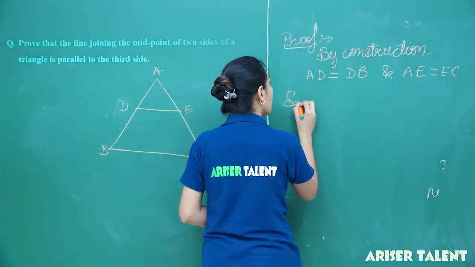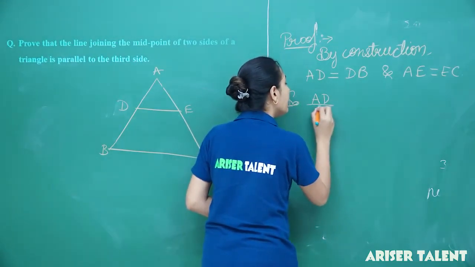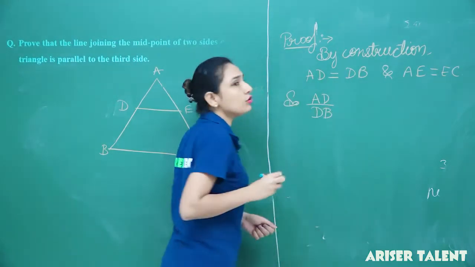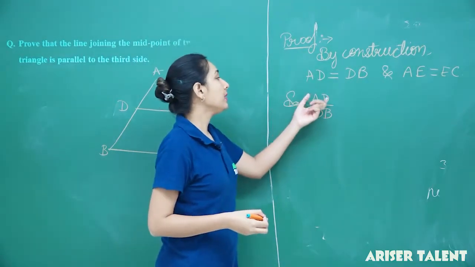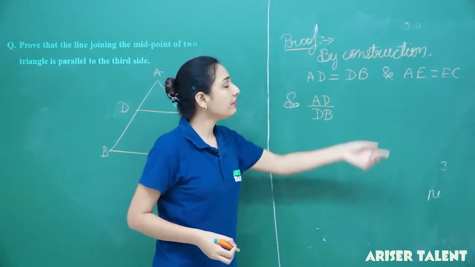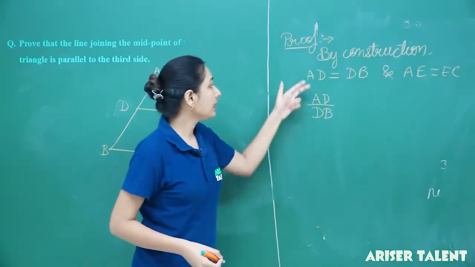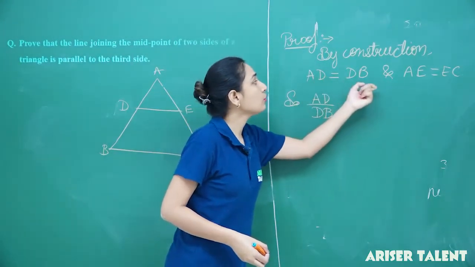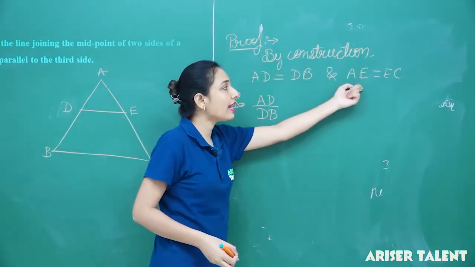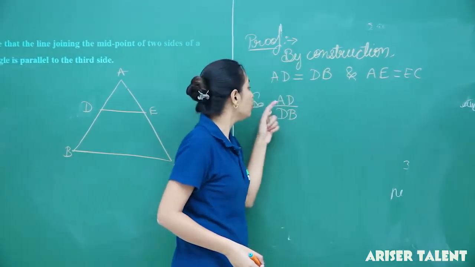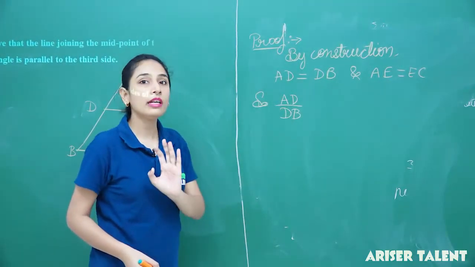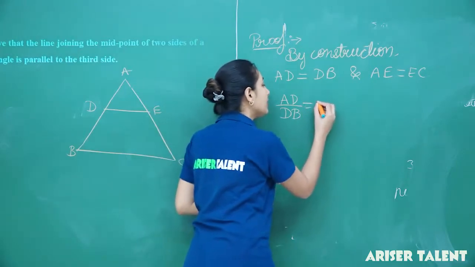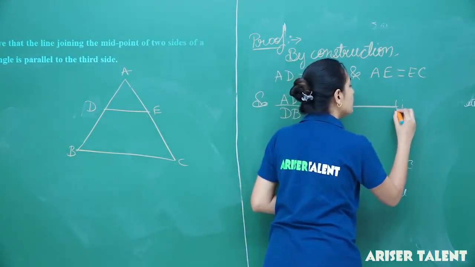So, AD by BD is equal to what? Let the value of AD be x and the value of AE be y. Then this value is x also, and this value is y also. So, x by x will give you ultimately 1. So, AD by DB is 1. This is your first equation.